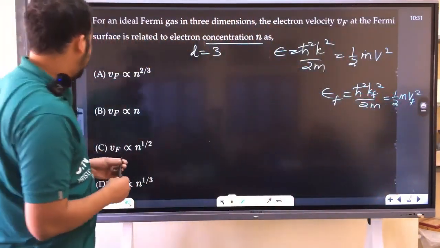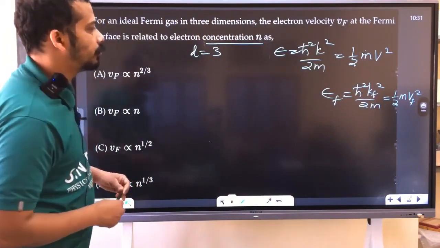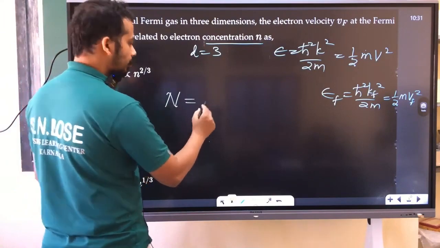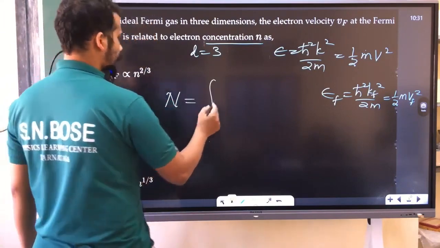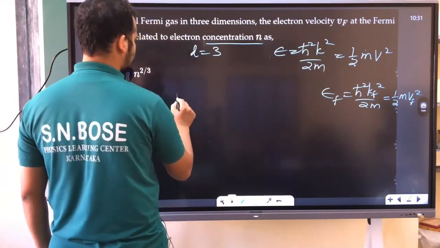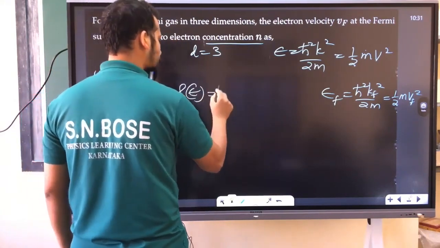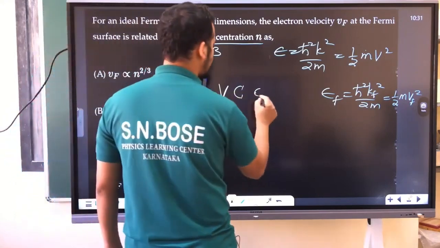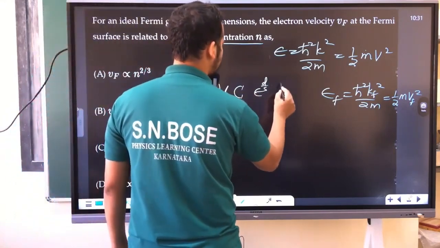So now look here, what would you do? You can integrate this one. N is equal to the integral of, or you can first define rho of e. Rho of e is equal to volume into e power d by s minus 1.